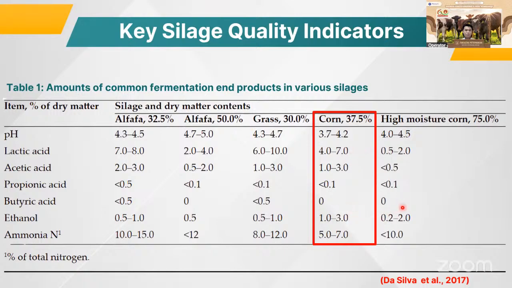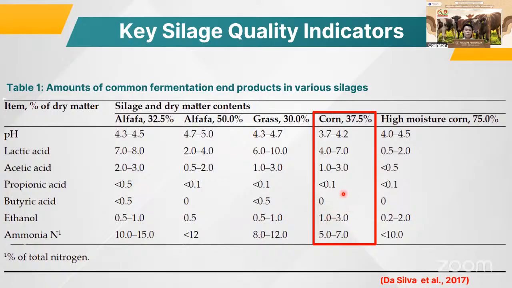For other criteria, like butyric acid, you can see that under suitable conditions for undesirable microbes, butyric acid can be produced. This is a product from undesirable microbes, so it should not be contained in the silage.